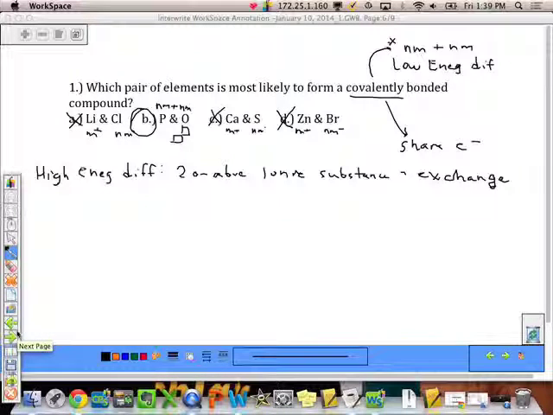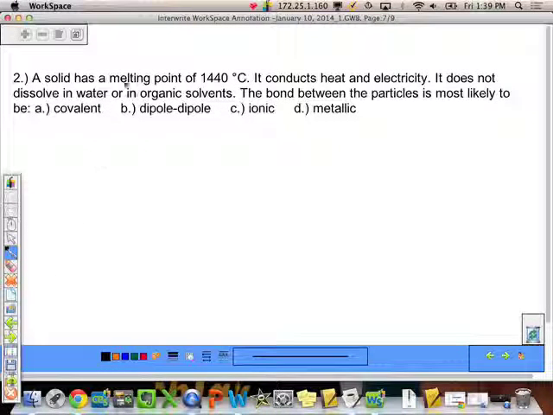So number 2. A solid with a melting point of 1,440 degrees Celsius. This is a high melting point. So we know it's solid at room temperature. Takes a lot to melt it. It is a conductor. Conducts both heat and electricity.